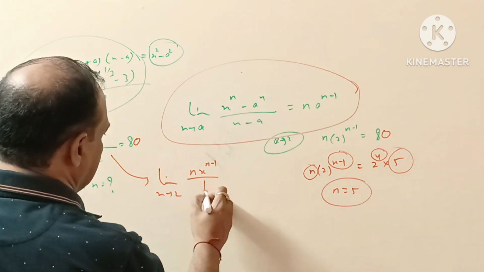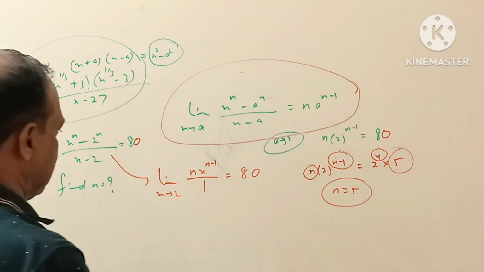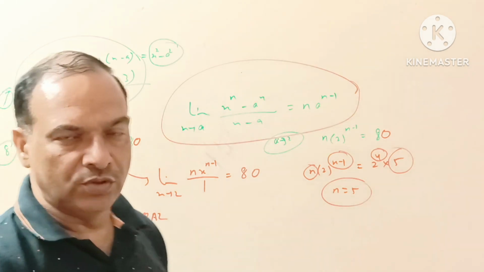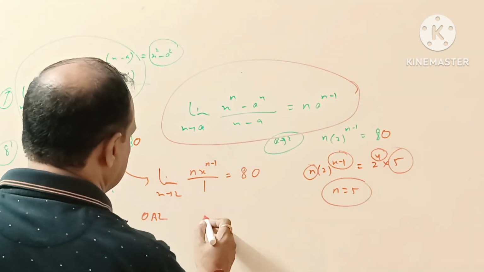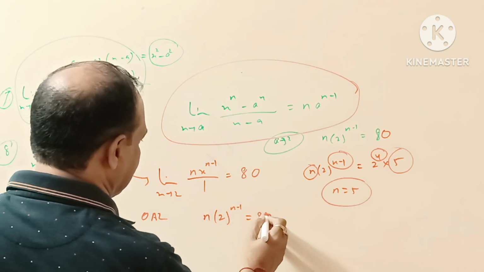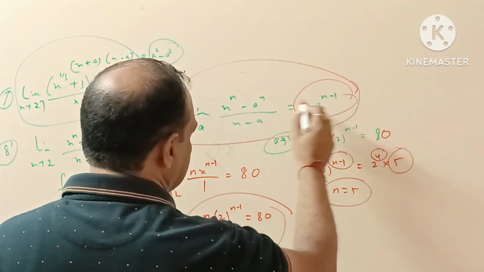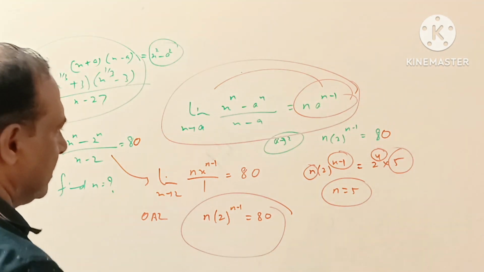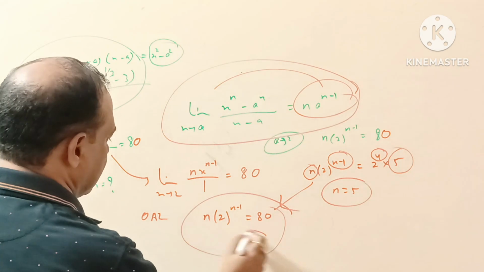In the denominator you will have 1, and it equals 80. Now on applying the limit, the denominator is not going to be 0 when you apply the limit. Now you will have n times 2 raised to power n minus 1 equals 80. Now see how much simpler it has gone. You simply get to the point where n equals 5.